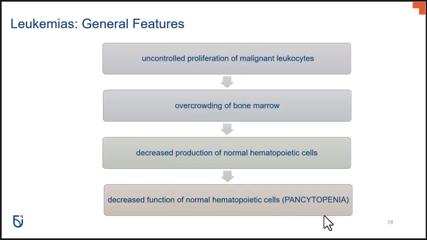And so as you can imagine then, if there's a reduction in red blood cells, it can lead to anemia. If there's a reduction in your clotting cells, it can lead to what's called thrombocytopenia. And if there's a reduction in white blood cells, it can lead to leukopenia. So many different effects coming out of the leukemic state.